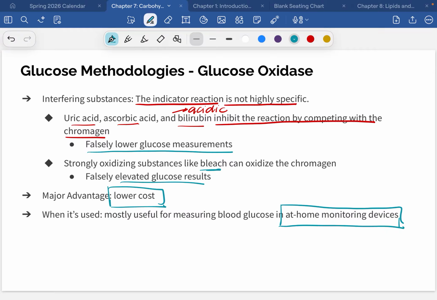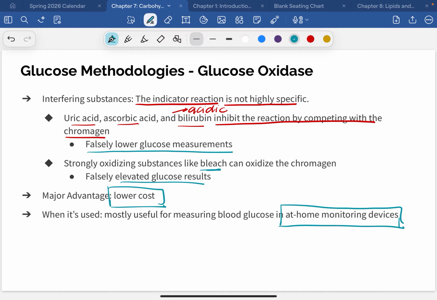If something says that their blood glucose is 80, it doesn't matter if their blood glucose is actually 70 or if it's actually 90. We know the basic range. So for these at-home monitoring systems, the decreased sensitivity and specificity is an acceptable payoff for the lower cost, because people at home cannot afford to pay for these higher cost methodologies, if that makes sense. So its major advantage is its lower cost, and it's most often used for these in-home glucose monitoring systems.